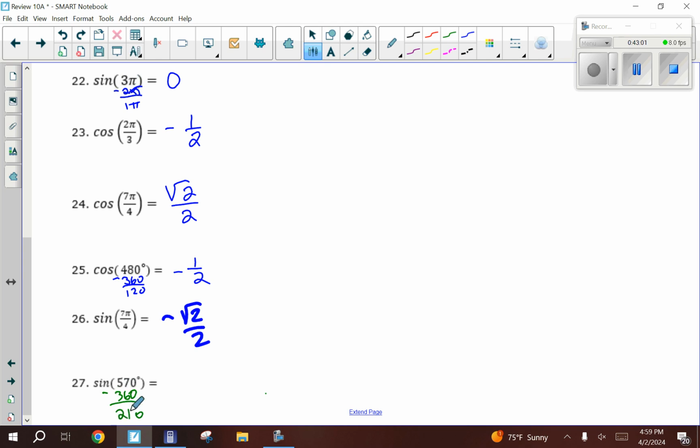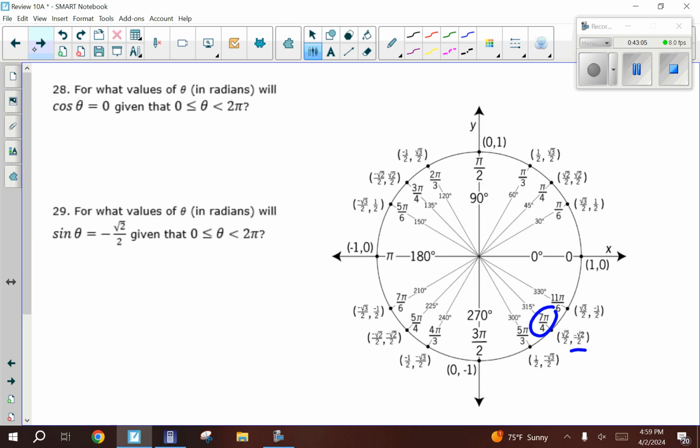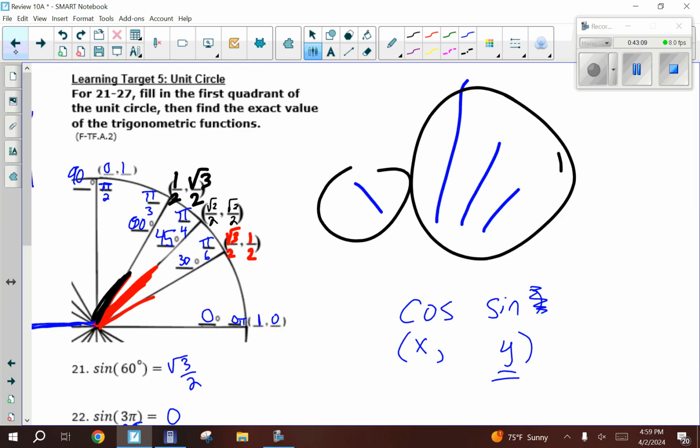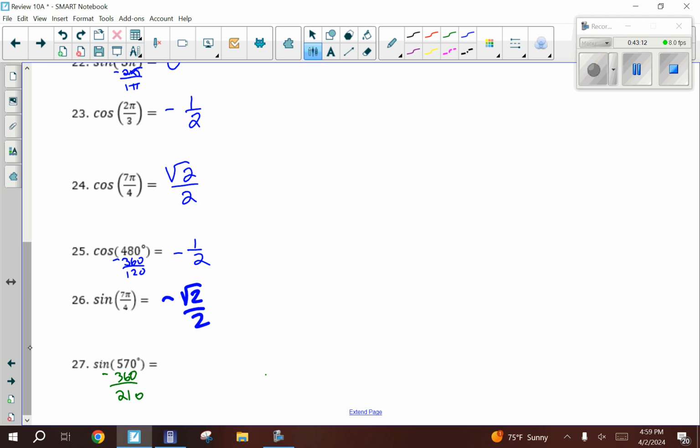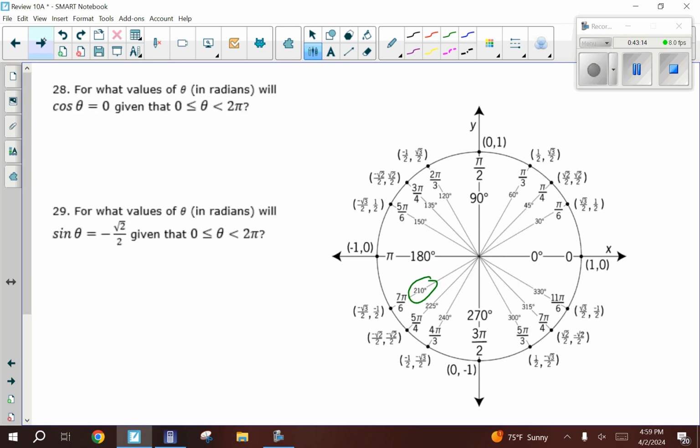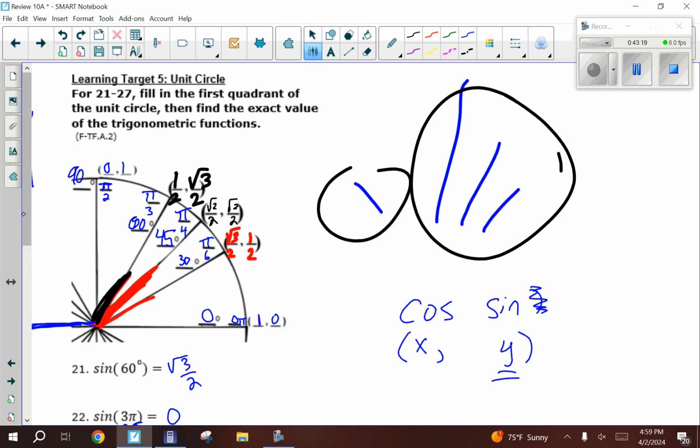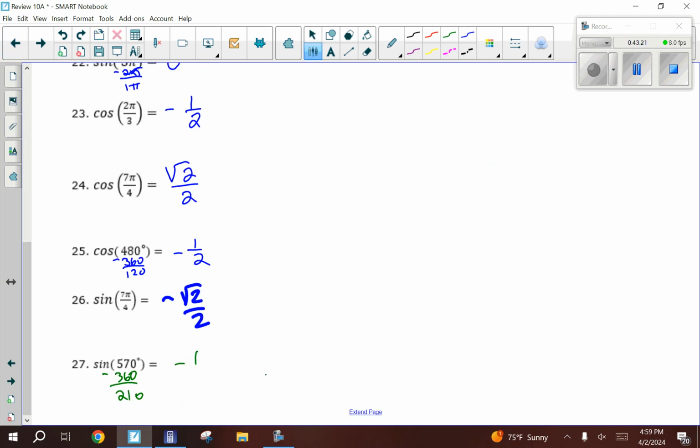That's 210. So I got to go to my chart and look at 210. So 210 degrees is right here. I forgot what they were asking us for. The sine is the second number. So 210, second number. Oops, that's the wrong one. It's going to be negative 1/2. Negative 1/2.